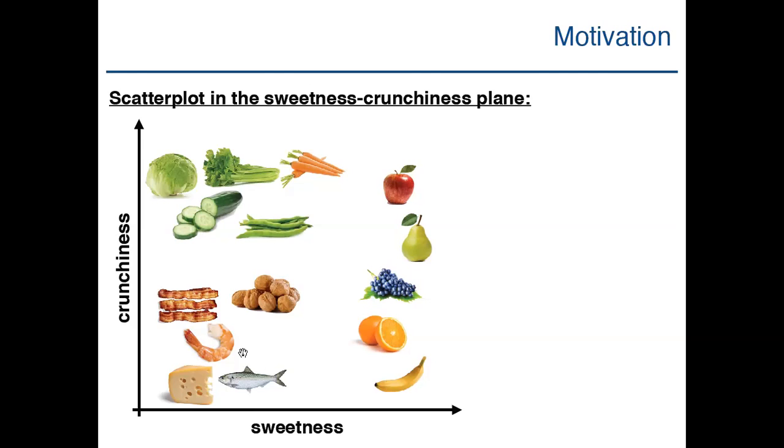So the things that you have here at bottom left, they're very low in terms of sweetness and crunchiness. And what you have at the top right here, they are very high in terms of sweetness and crunchiness. Okay, so you can have a look at all of these fruits and vegetables here.